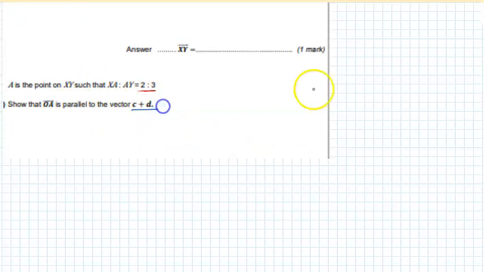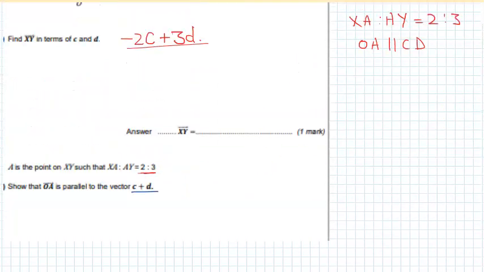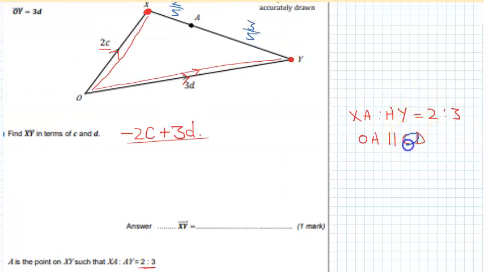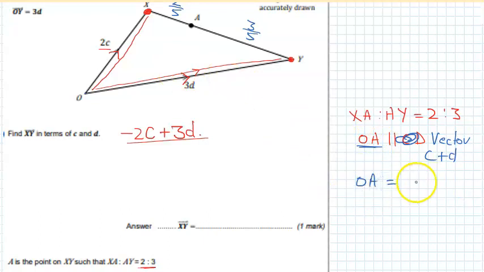OA is parallel to the vector CD. Whatever we find for OA is going to become maybe 2C plus 2D, or half C plus half D, something like this. So in the bracket C plus D will be there.